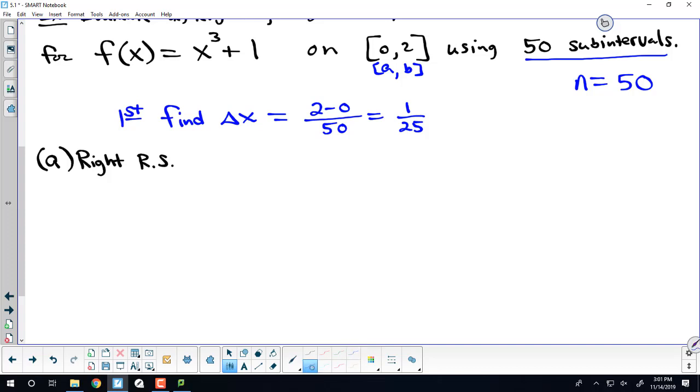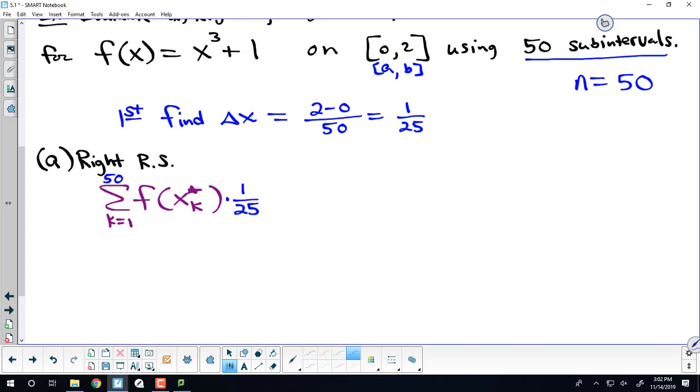So what we're looking to do is fill in the gaps for this formula here from k equals 1 to n, and our n is 50, of f evaluated at x star sub k times our delta x. That's what we have to fill in. The x star sub k is different for each Riemann sum. The function is still the same. It's always going to be x cubed plus 1 for this example.